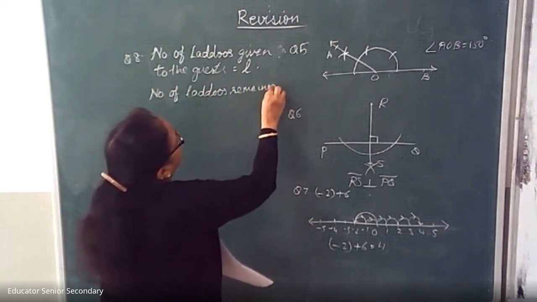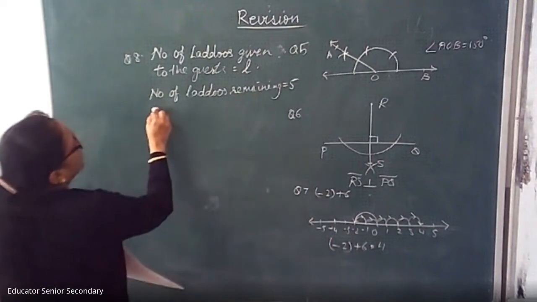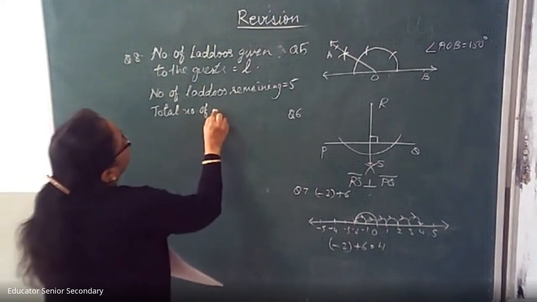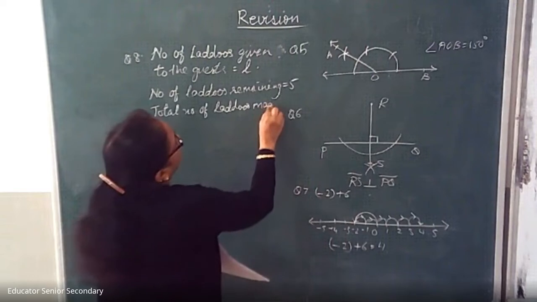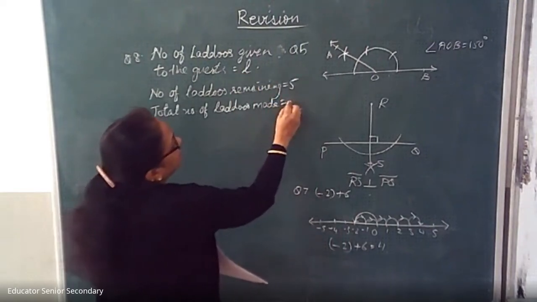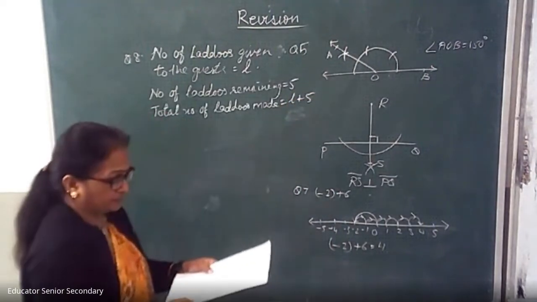This is 5, which is already given in the question. So what will be the total number of laddus made? Total number of laddus made will be this much she gave to the guests, and these much are still remaining. So n plus 5. It will be n plus 5.